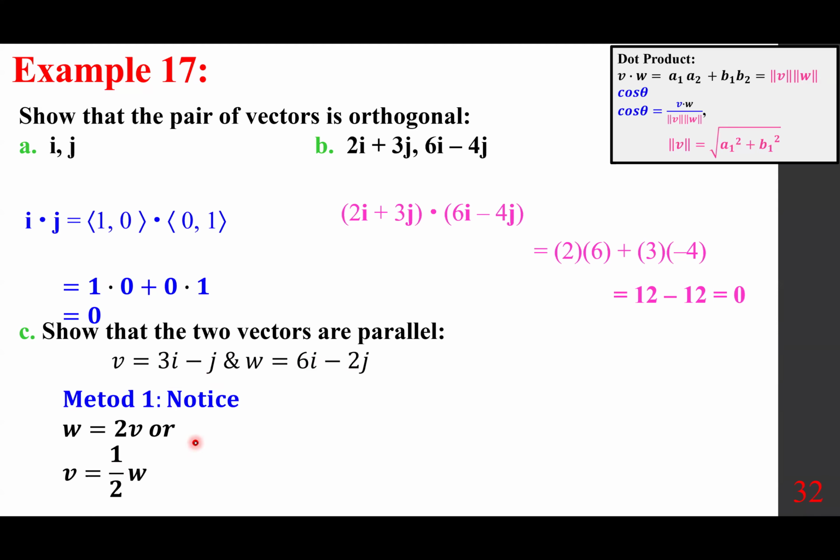The second case is to evaluate cosine theta using this formula and prove the angle in between is either 0 or 180 degrees or pi.